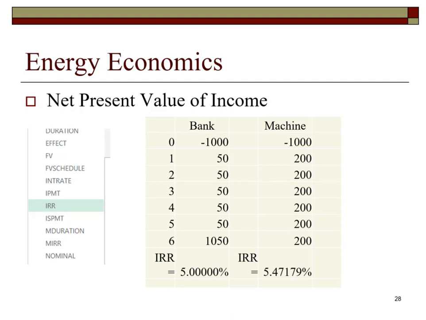With an Excel spreadsheet open, click on Financial, go down the drop-down box to IRR. Use that function to calculate the internal rate of return on each of the two cash flows. The interest rate on the bank investment was 5%. The interest rate on the piece of equipment was 5.47%. The machine investment is better.